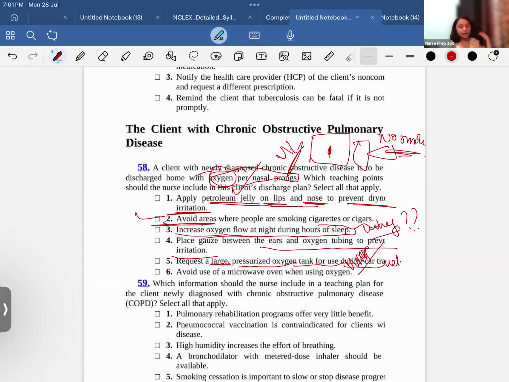Somewhere correct, but understand one thing, there's a large one. When you travel, girls, we keep small products, small soap, small makeup. So when you're traveling, why do you need large? Do you keep your gas cylinder full to the brim?